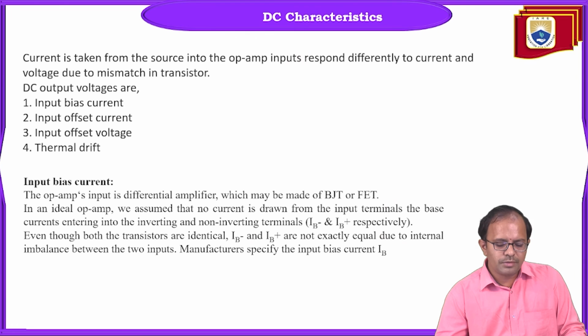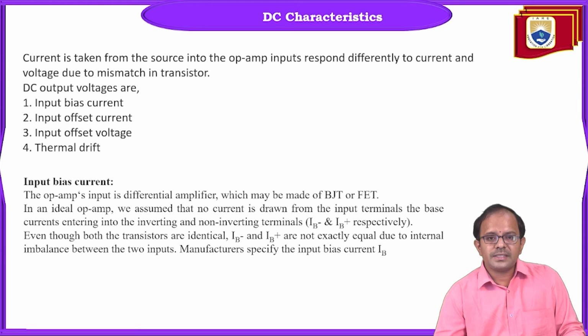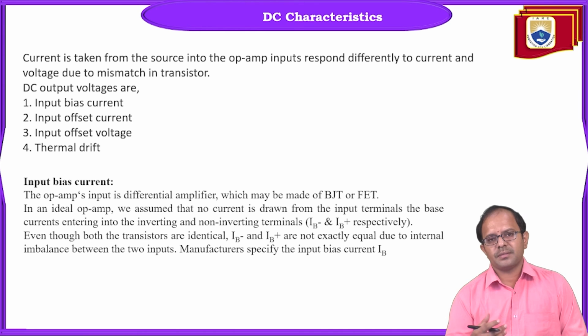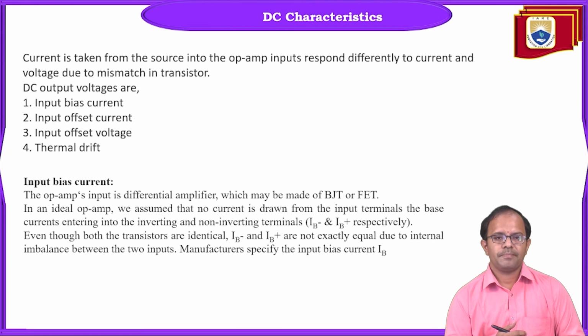Now we move on to one more concept, called characteristics of operational amplifier. The characteristics we stated in the previous case are for the ideal amplifier and the practical amplifier.